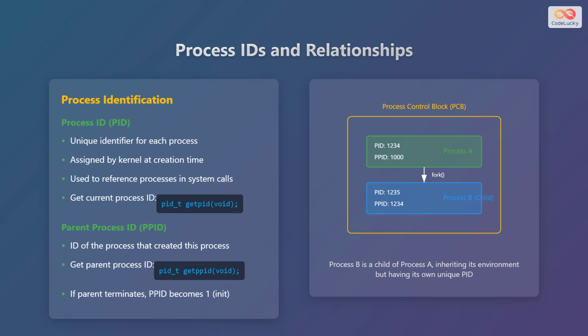In addition to its own process identification, each process also has a parent process identification, which indicates the process identification of its parent. The getParentProcessIdentification function retrieves the parent process identification of the current process. If a parent process terminates before its child, the child's parent process identification is set to 1, indicating that the init process has adopted the child.